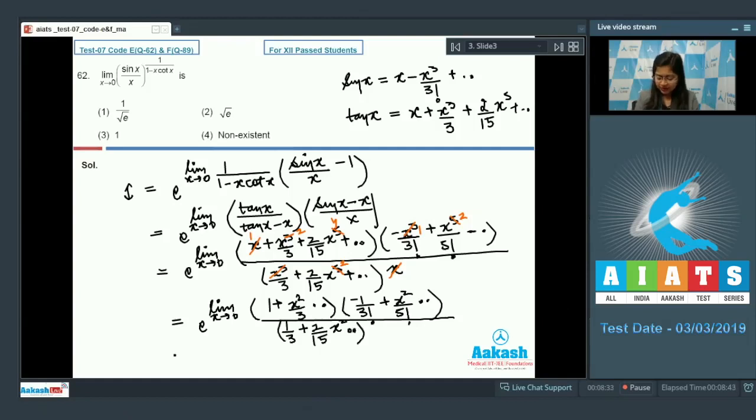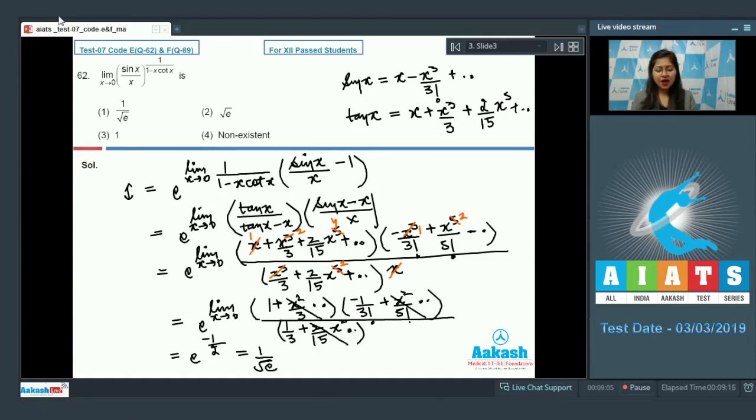Now if I put the limit, that is x tending to 0, these terms will get cancelled. So we are left with minus 1 upon 3 factorial upon 1 by 3. That will give me minus 1 upon 2. That is, it can be written as 1 upon under root e.